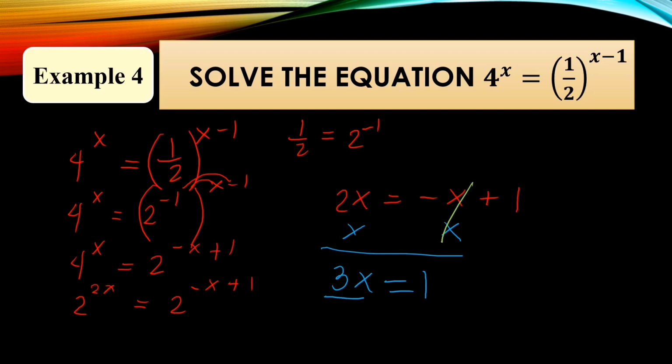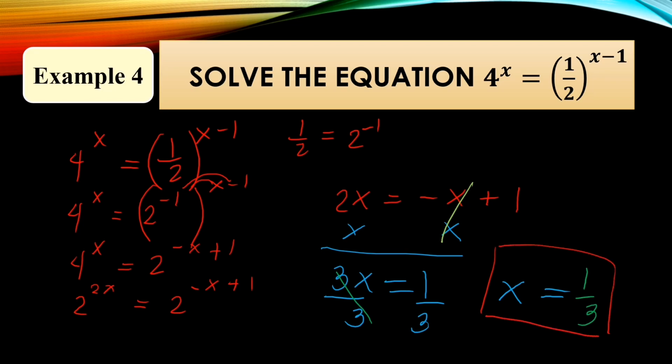Then divide both sides by 3. So x is equal to 1 divided by 3, which is 1/3. That's why the final answer is 1/3.